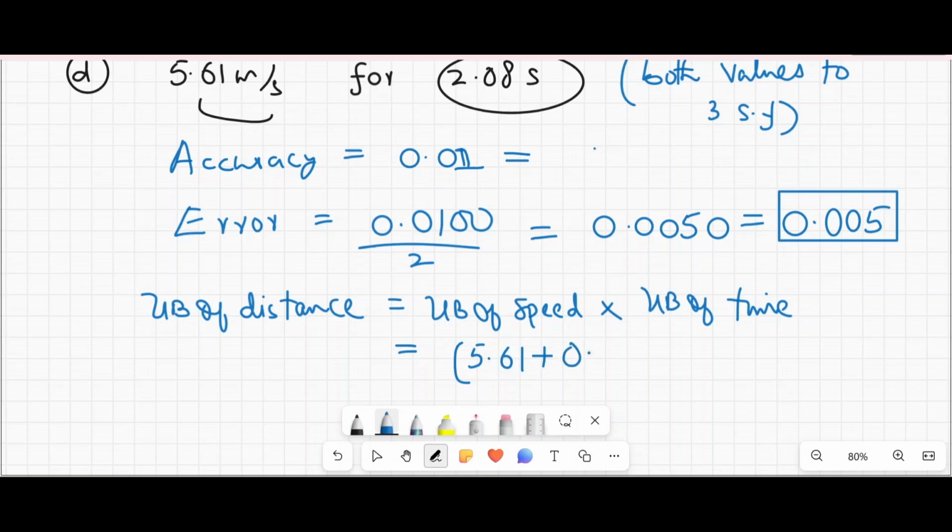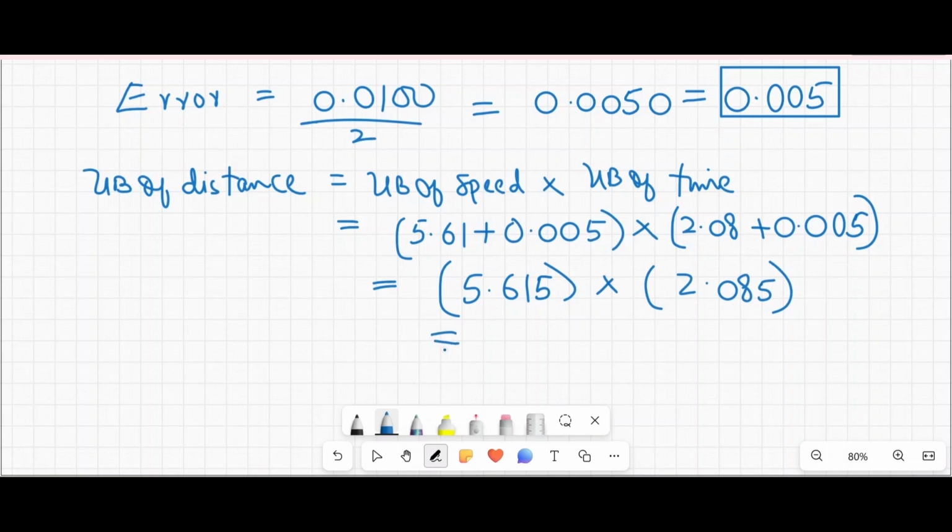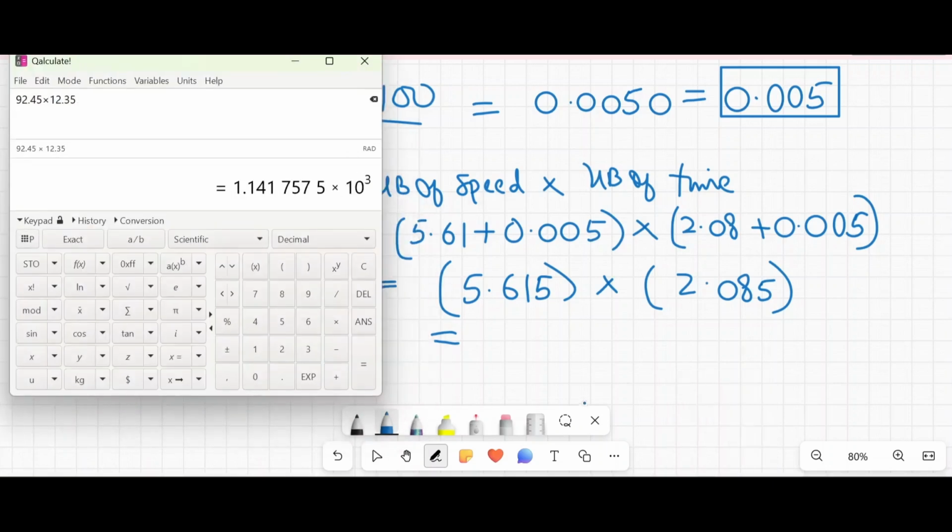So upper bound will become 5.61 plus 0.005 into 2.08 plus 0.005. So while adding, you will get 5.615 into 2.085. So now let's find the answer for this.